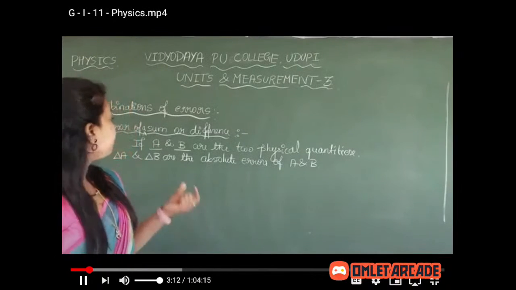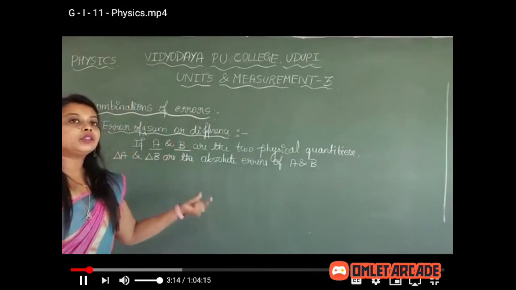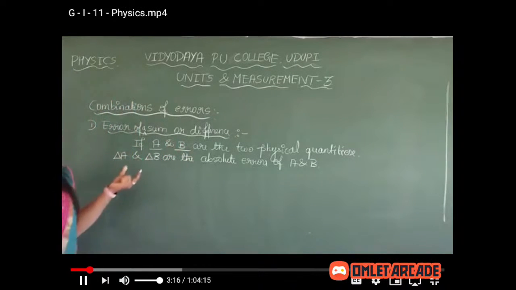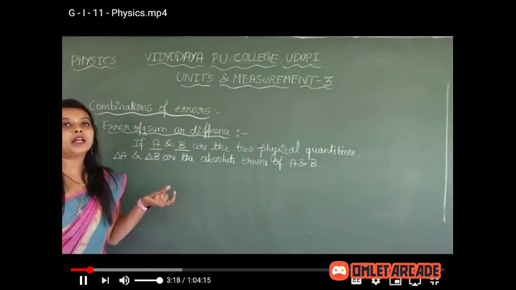While measuring the physical quantity B, you have the absolute error delta B.